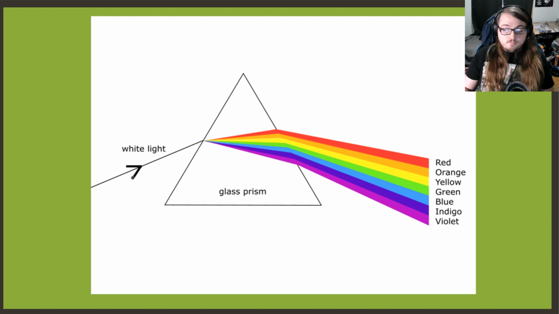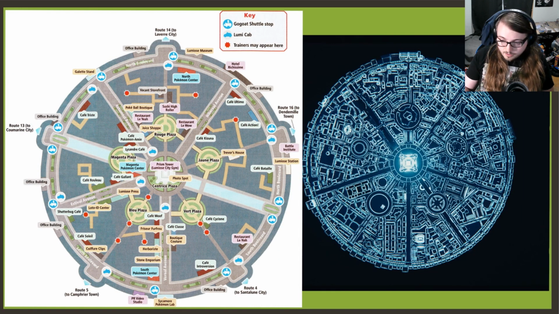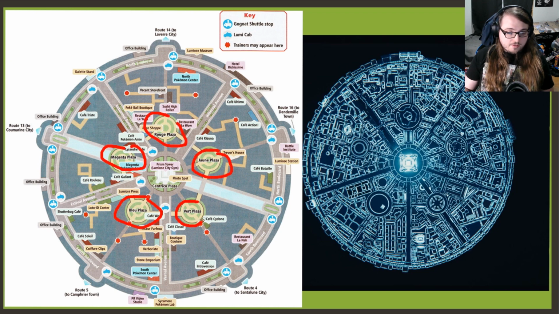Why is this important? Well, as we can see, we have all the colors here that just so happens to line up with these. All of these plazas just so happen to correlate to some of the colors that a prism can produce in all visible wavelengths of light, which is fascinating.